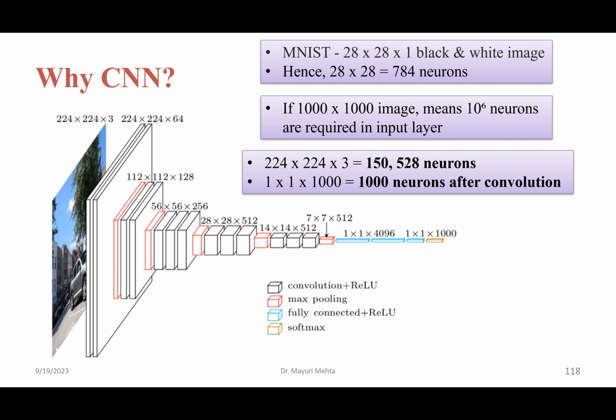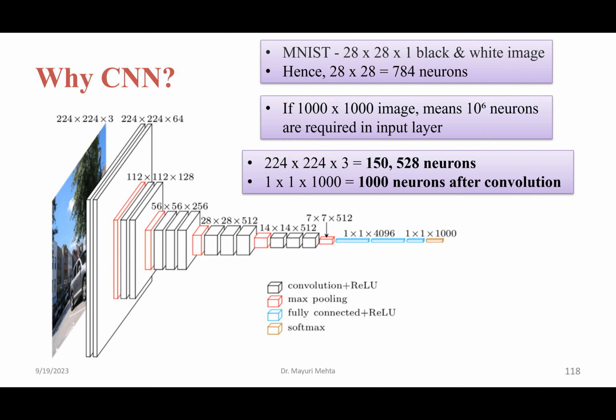I will tell you how we feed an image to a neural network. Suppose the image size is 28 cross 28. What does it represent? 28 cross 28 pixels are there.